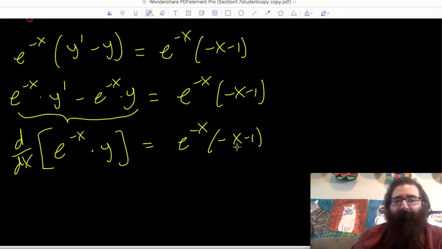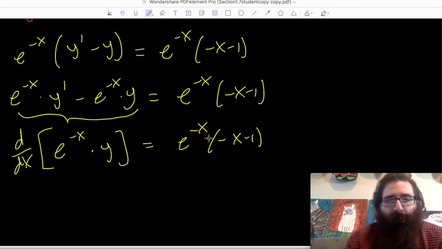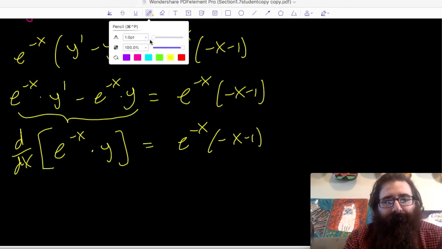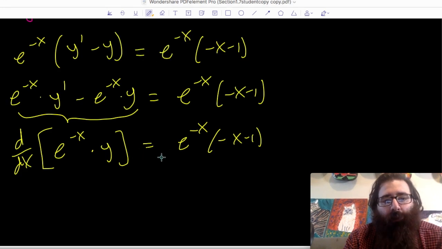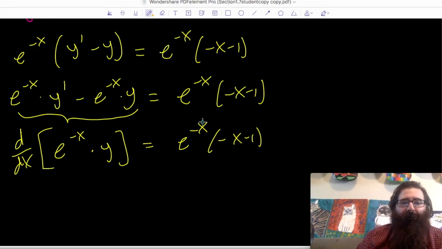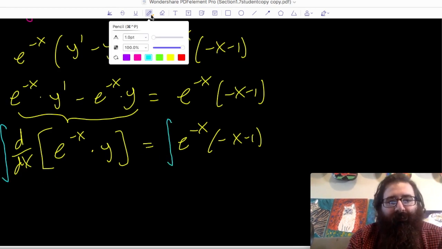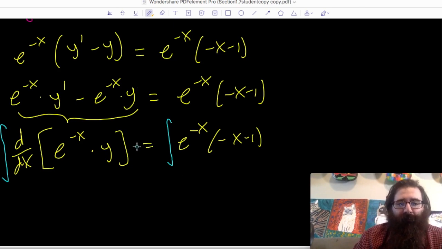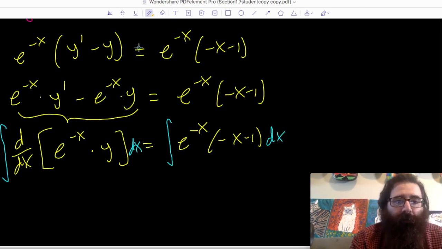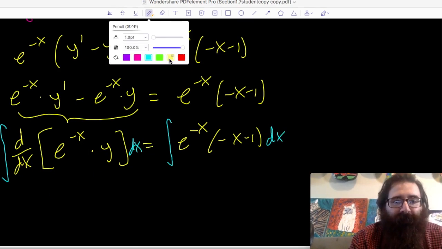Now, something that might not be a bad idea to do here, since I want to integrate both sides, is to think about how we're going to integrate on this right-hand side. Because remember, for the left-hand side, we don't really intend to integrate. We would say the antiderivative with respect to x of the derivative with respect to x is just going to undo one another over on the left-hand side.